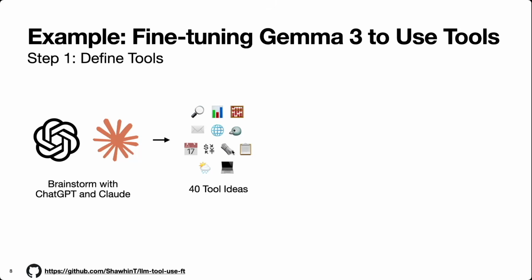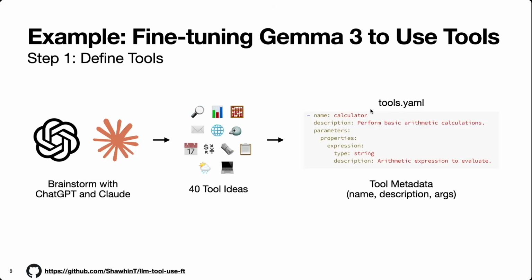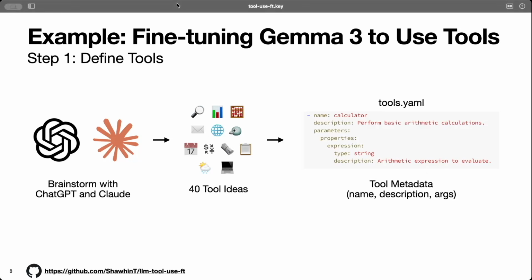Once I had these tool ideas, I had Claude via Cursor generate me this tools.yaml file where each tool had this structured metadata where we had its name, a description of it, and then all its input parameters. So we had these parameters, these properties, and then the calculator tool took in an expression input, which was a string, and we had a description for each of the input arguments.